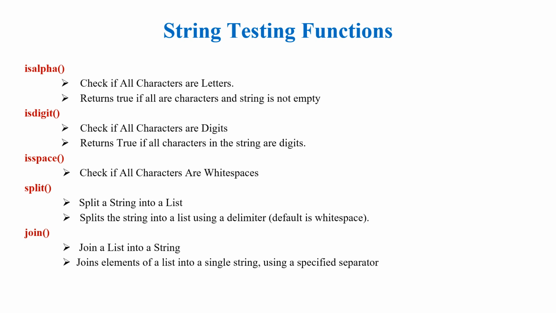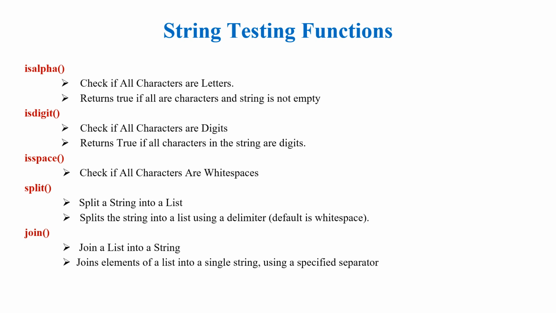So these are two constraints you have to keep in mind while using isalpha. Then the isdigit function checks if all characters are digits and returns true if so. Isspace checks if all characters are white spaces. The split function splits a string into a list. It uses a delimiter, and the default delimiter is white space. Join joins a list into a string.